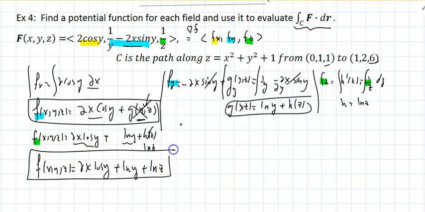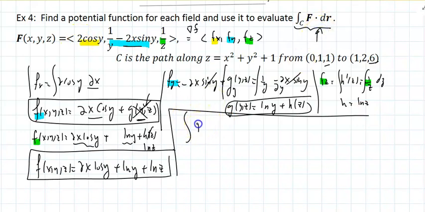There it is. Now, if you want to take the integral of f dot dr along c, that's going to simply be from 0, 1, 1 to 1, 2, 6. That's going to simply be f of 1, 2, 6 minus f of 0, 1, 1.